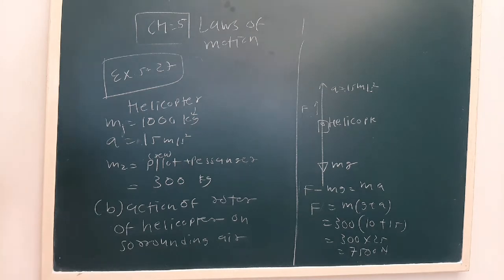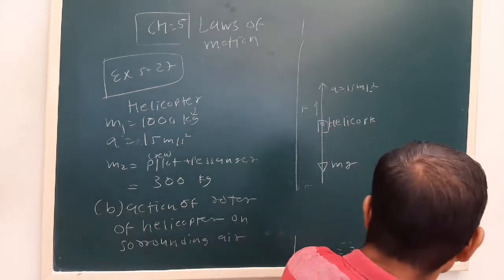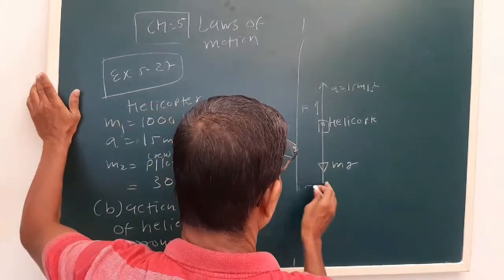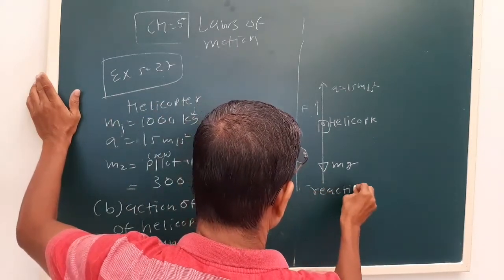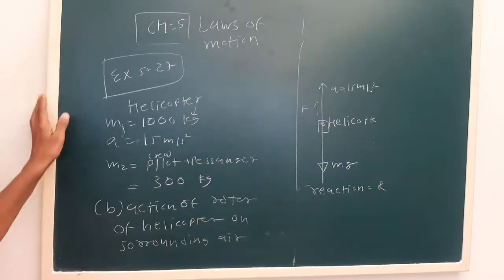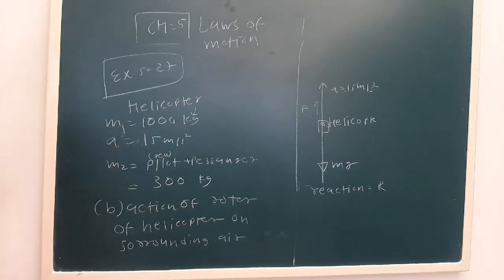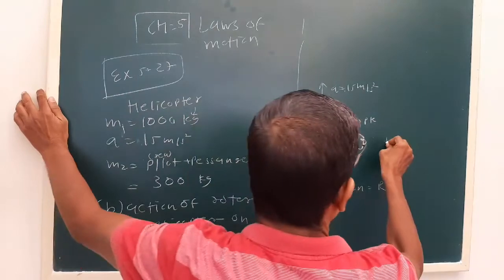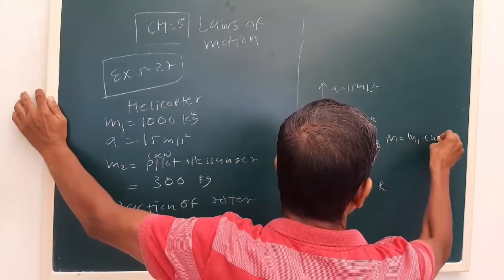Even here we have to use the same free body diagram, but see how the things will change. Let us say the reaction is R. In that case we have to consider the mass of the helicopter also. So we can call M equal to M1 plus M2.